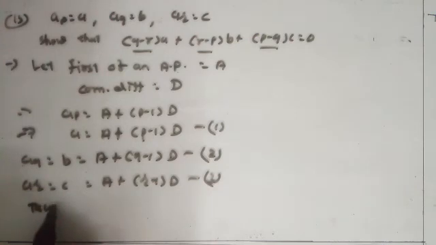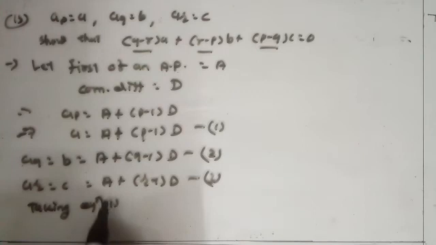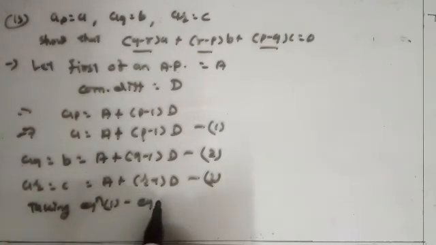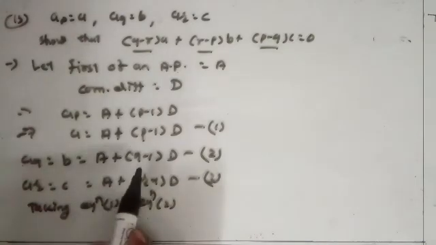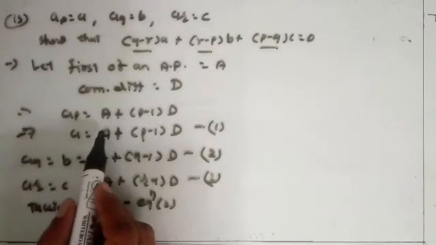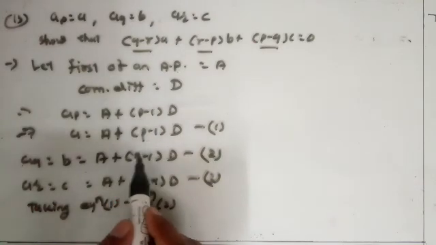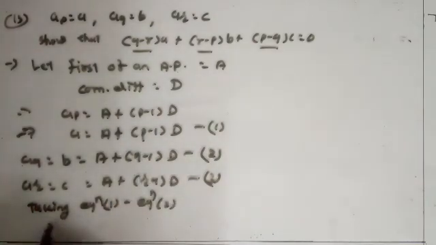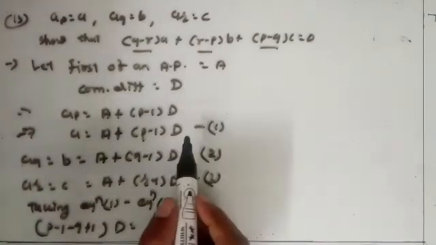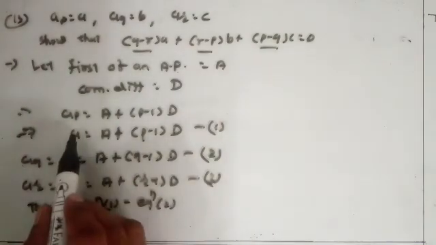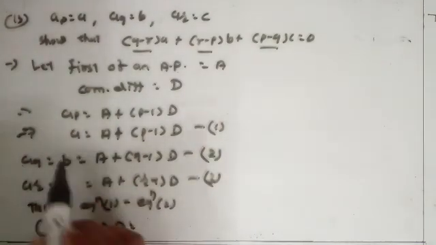Taking equation 1 minus equation 2, we get A minus A cancel, (p minus 1 minus q plus 1) into D is equal to a minus b.